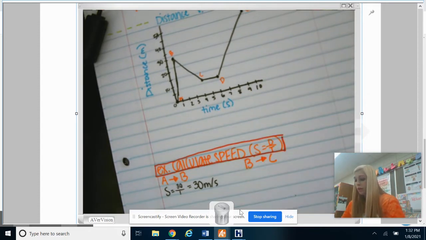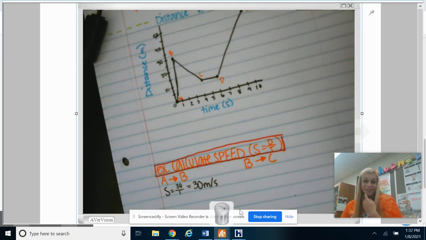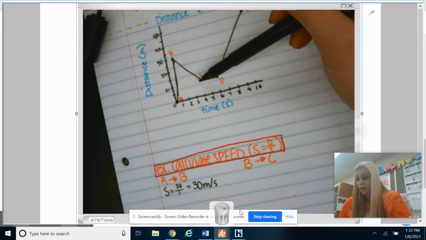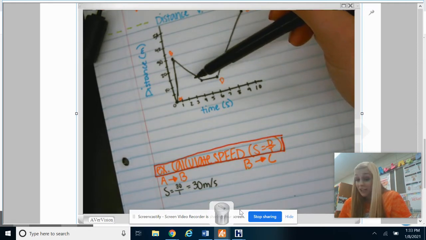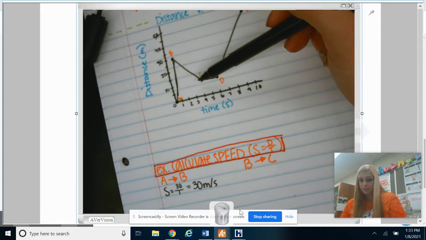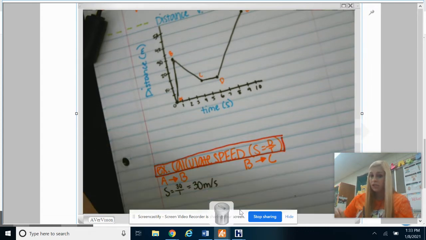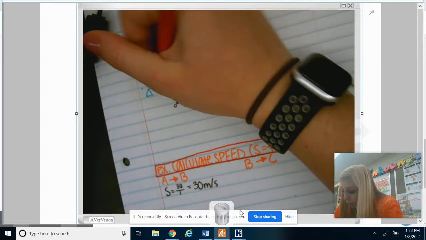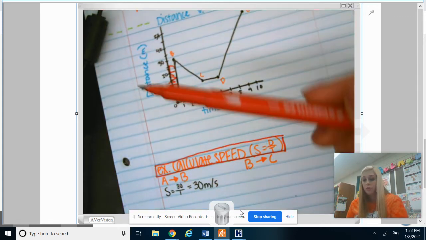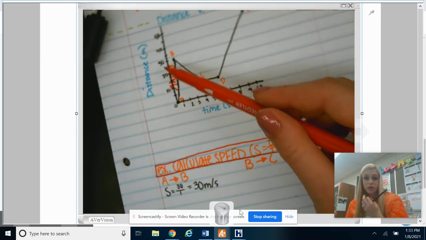So point B, this is where y'all are going to get tricked. How far do we travel when we are going from point B to point C? We start at 30 meters, we go to 10 meters. So we're changing 20 meters, 30 minus 10, but we're traveling back. The first second we moved away from the start, from 0 meters to 30 meters.